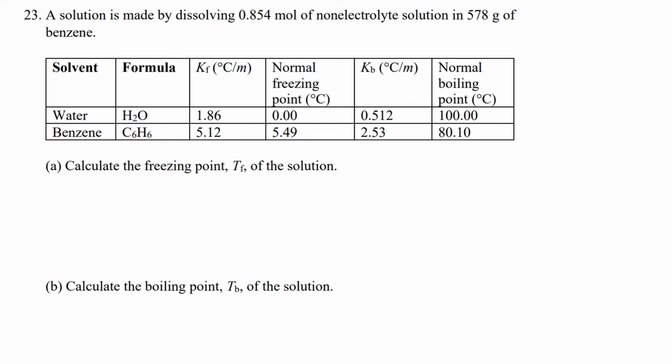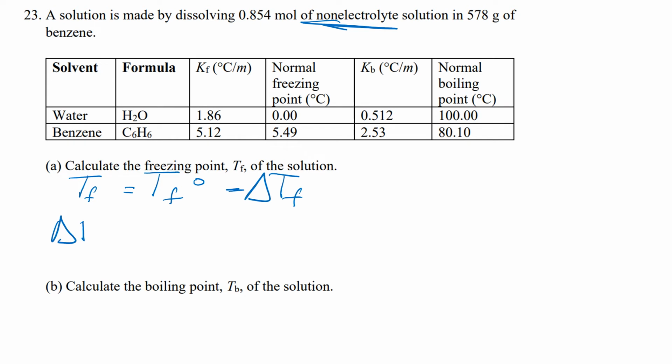Question 23 says a solution is made by dissolving 0.854 moles of non-electrolyte, which is a key word, in 578 grams of benzene. A, calculate the freezing point of the solution. So the freezing point of the solution is going to be the freezing point of the pure solvent minus the freezing point depression.